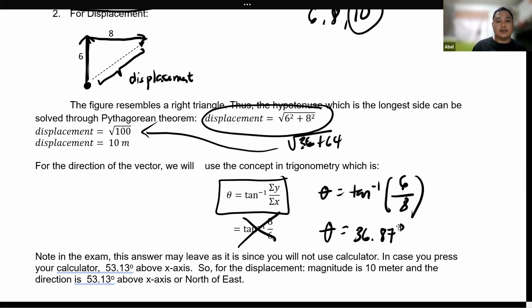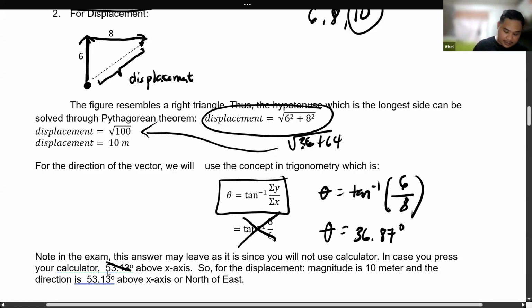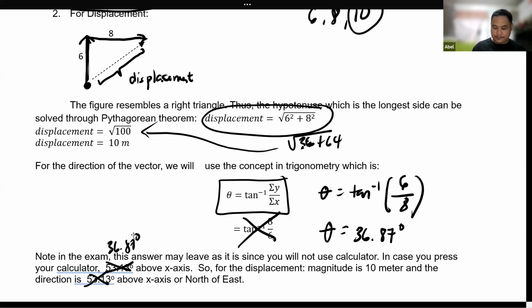Again, we need to be very careful on that. That would be the summation of all the y's over the summation of all the x's. Note that in the exam, this answer may be left as it is since you will not use a calculator. In case you press your calculator, the answer should be 36.87 degrees. So far, the magnitude is 10 meters and the direction is 36.87 degrees.